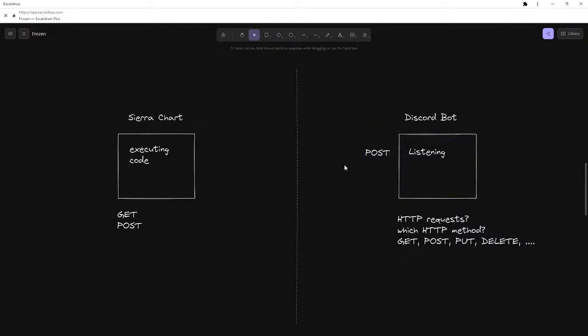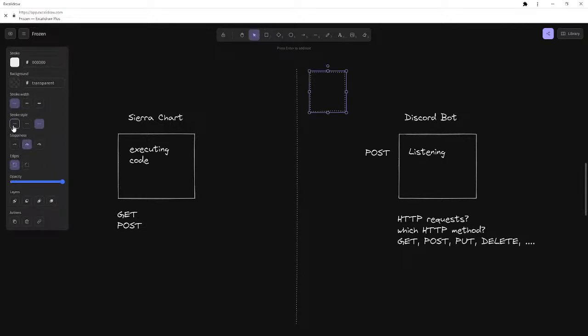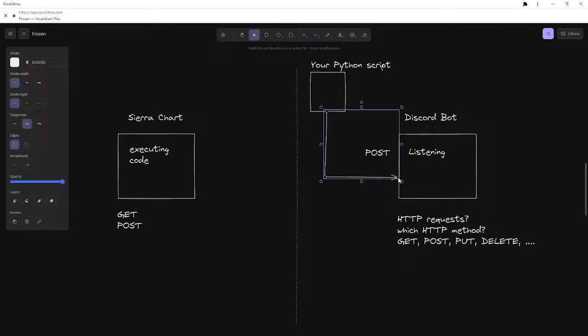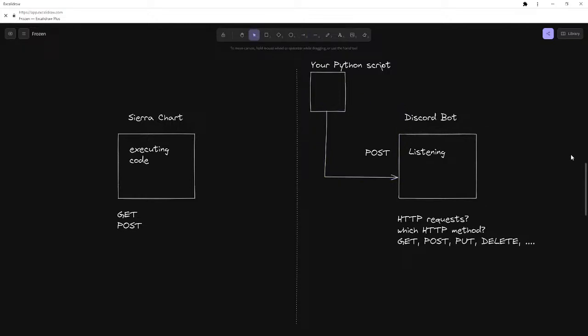At the moment, it's not listening for anything. It's just a Python script that gets executed when you run it. Wait, but I thought that Python script was here. I thought that was a third thing. I thought your Python script was here, and it was making this call. Oh no, the Discord bot is the Python script.